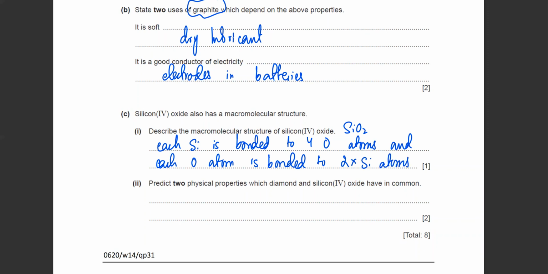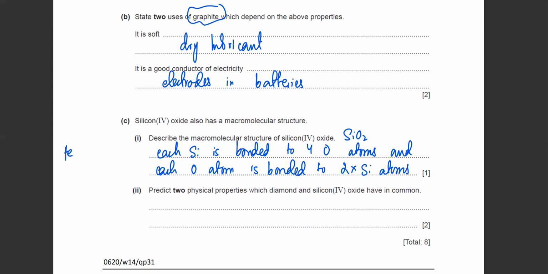The other thing that you could have written was that it was tetrahedral around the silicon atom, and the bond angles were 109.5 degrees. Next, predict two physical properties which diamond and silicon(IV) oxide have in common.